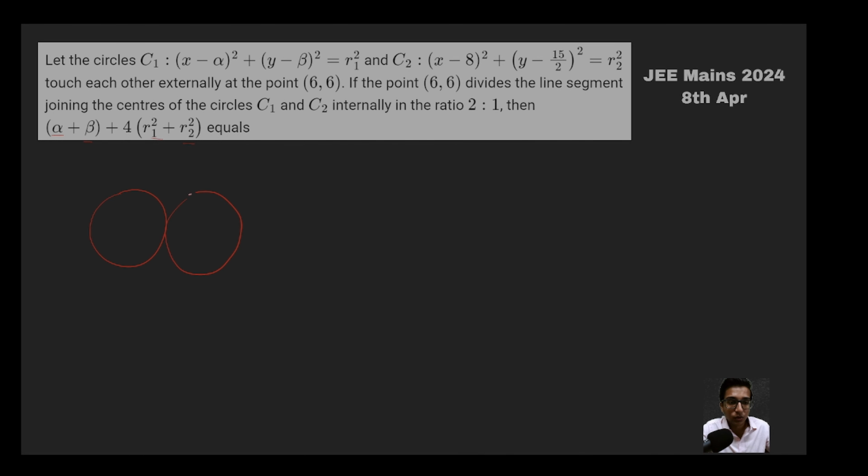They've told us that there are two circles. Let us say this is my C1, this is my C2. My C2 circle has its center at (8, 15 by 2). They are touching each other externally. That means this point here is my (6, 6), or let me write this down in a better way.